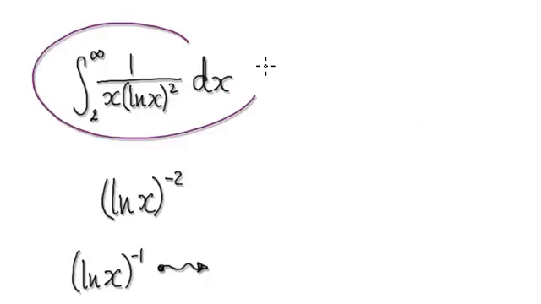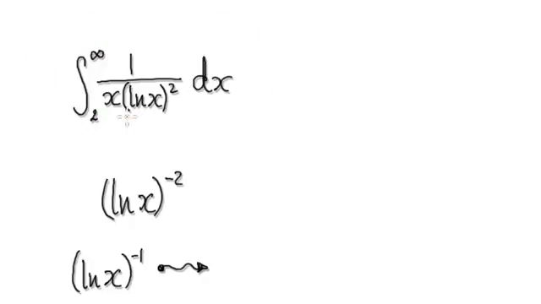Okay, so let's try and find the integral of this from 2 to infinity. Well, you could use integration by substitution, but it's up to you how you do it. But this method's easier once you've mastered it. If you look at this, this is the exact derivative of this.